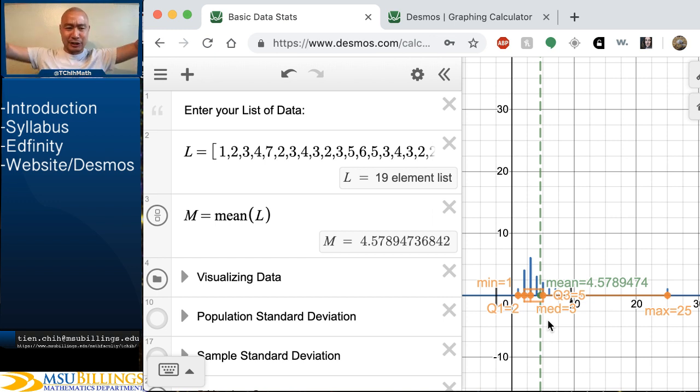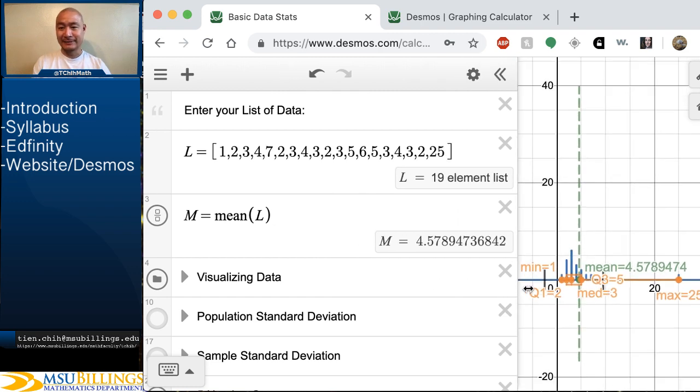It doesn't care about what's on the fringes. So throwing in this 25 doesn't make a big difference. In this case, our mean changes a lot, our median doesn't. So we can say there are data points skewing this data to the right.